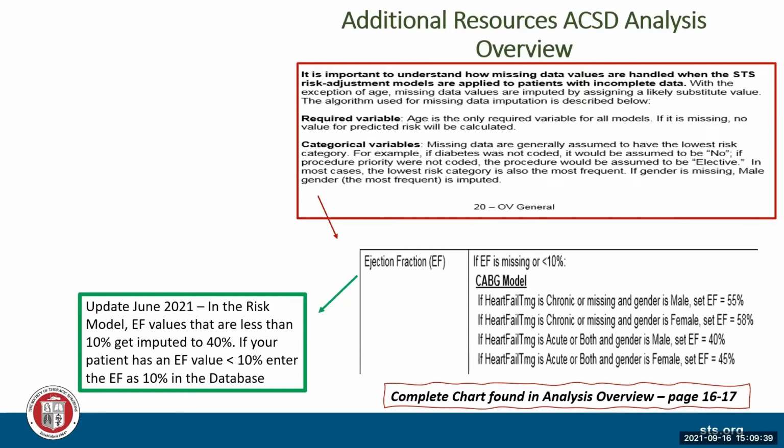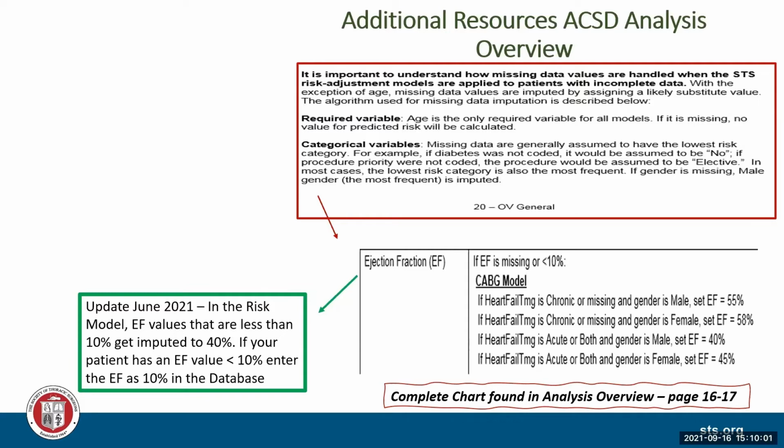So that's the only required variable. For the other categorical variables, missing data are generally assumed to have the lowest risk category. So, for example, if diabetes was not coded, it would be assumed to be no. Okay.